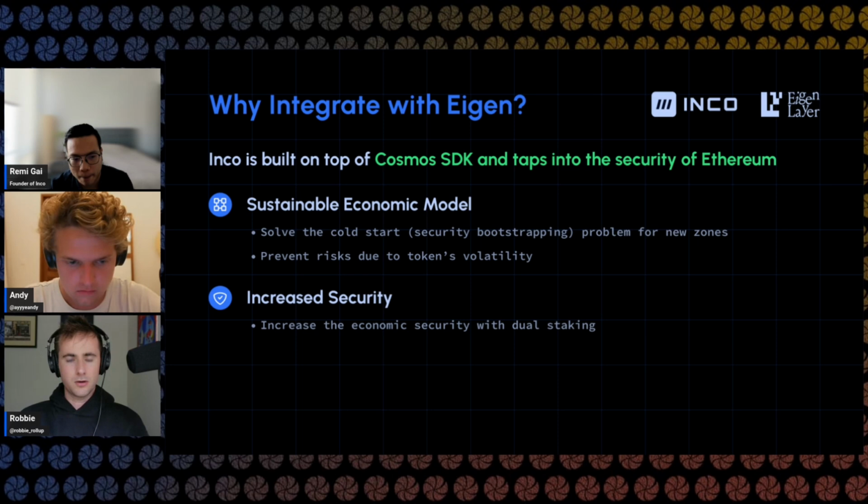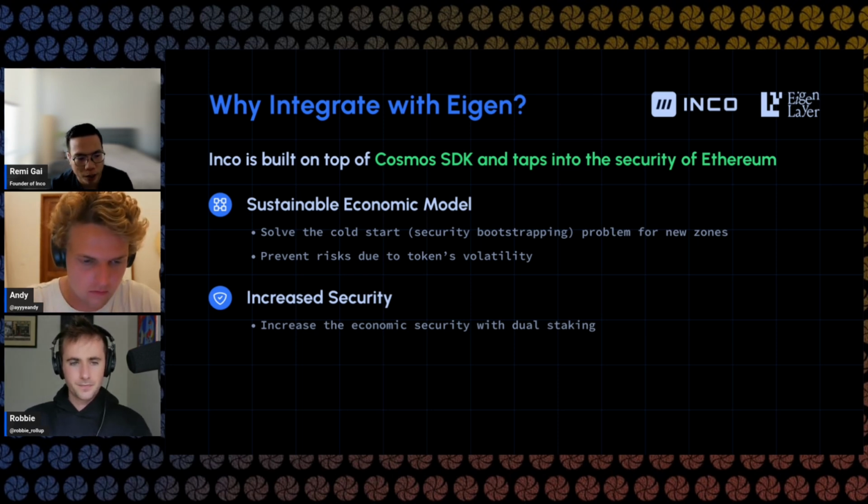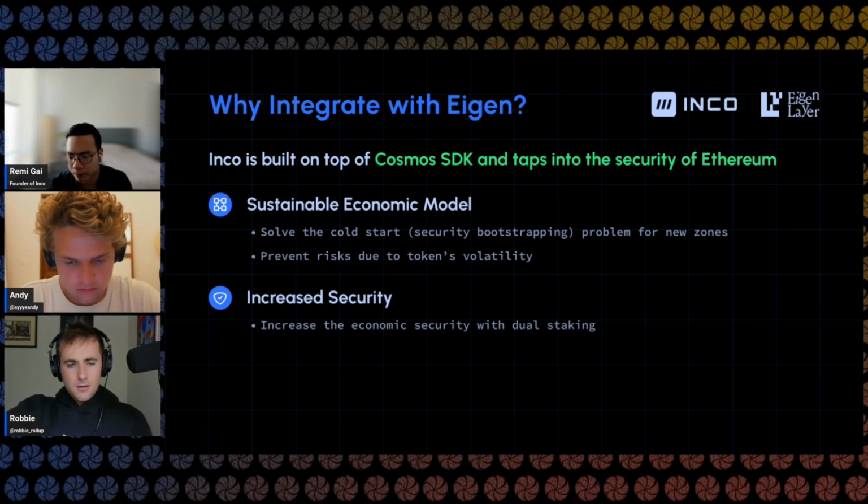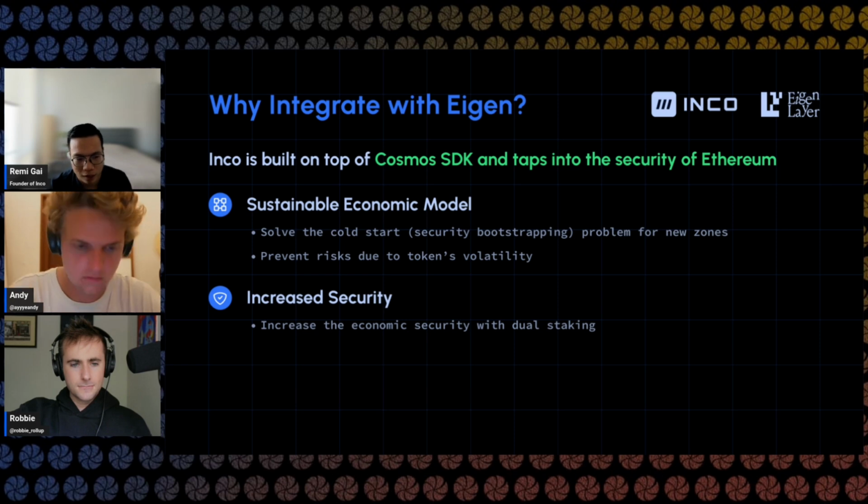Got it. Okay. So the Inco L1, I should have mentioned this earlier, is built using the Cosmos SDK. We're using CometBFT for consensus, so it is very much a layer 1 blockchain. I think a lot of people in the space also don't realize that many L1s you see today, including early Polygon, Binance Chain, and I believe Celestia, are also built using Cosmos.